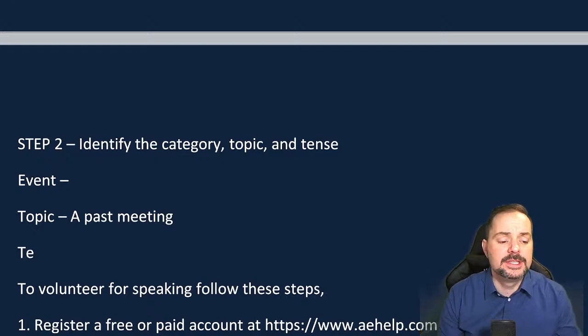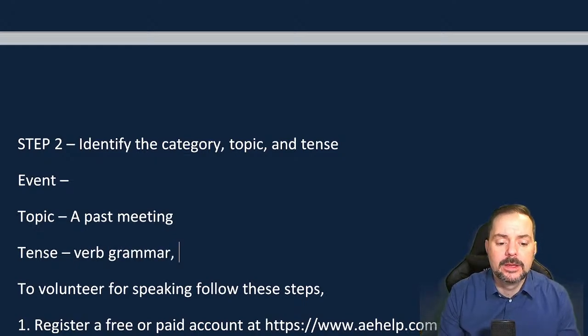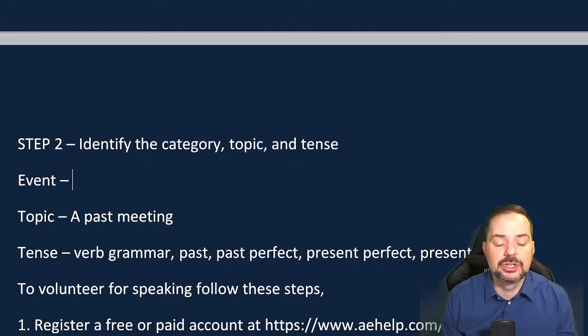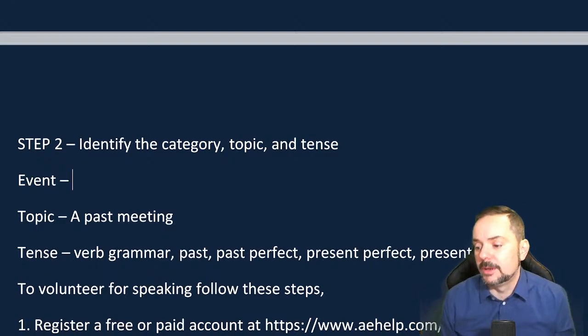The tense will be the grammar, especially for the verbs. It will be past, past perfect, present perfect, and maybe some present. Not really future. Your past, present, future doesn't really work here because you're not going to talk about the future in this question.